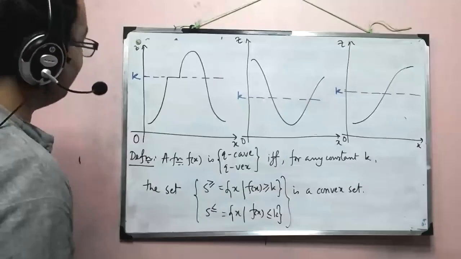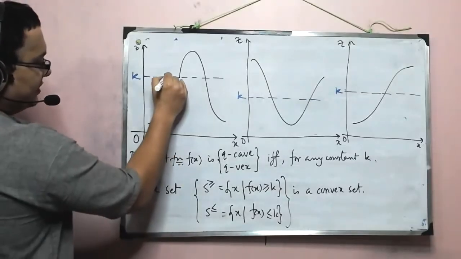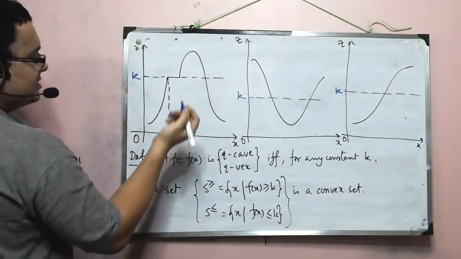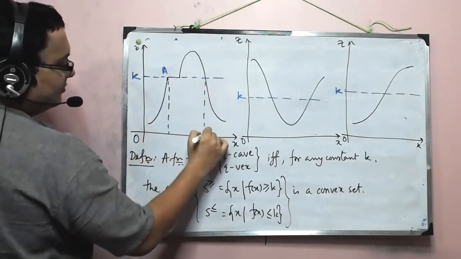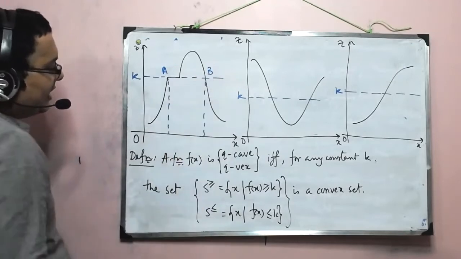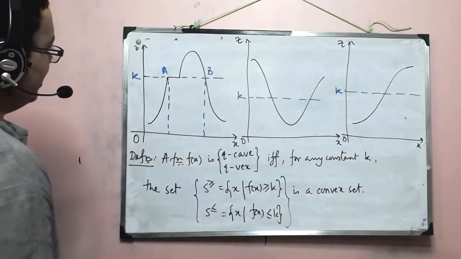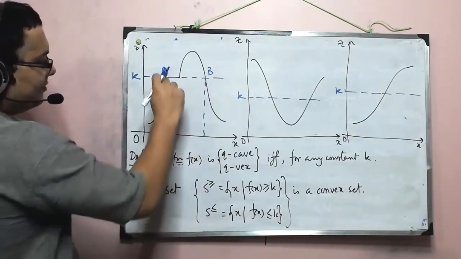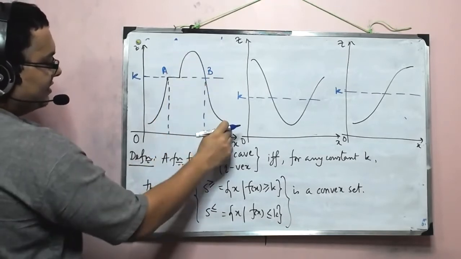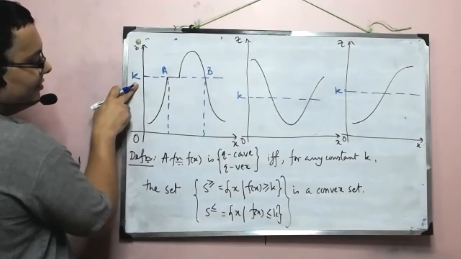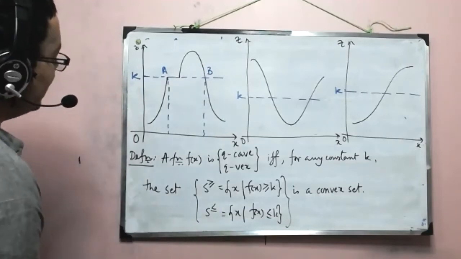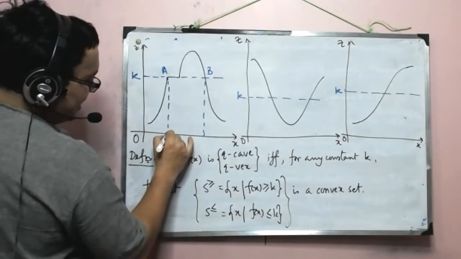Now let's take these two points, and call them A and B. A and B give us that part of f(x), which is greater than or equal to k. So the corresponding x appears here.